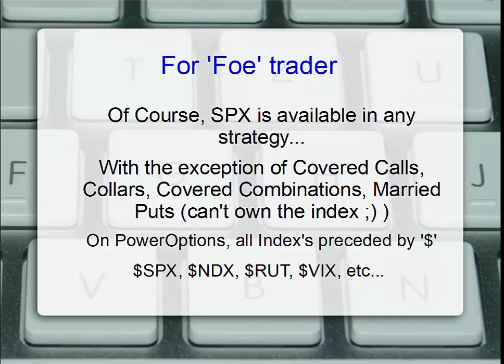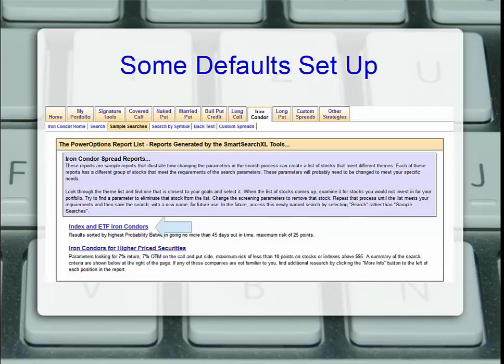So if I was doing a search by symbol, looking at the chain, I'd enter $SPX, $NDX, $RUT for the Russell, and $VIX for the volatility index. So you can find positions in PowerOptions for SPX, $SPX, at any time. And in some strategies, there are defaults set up for you.